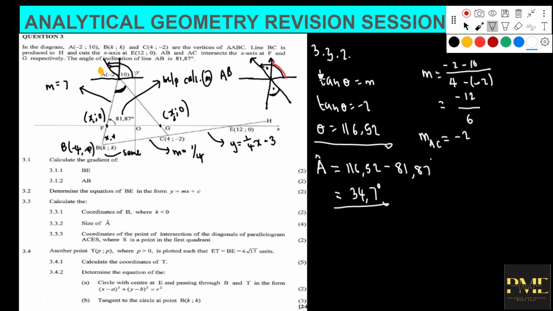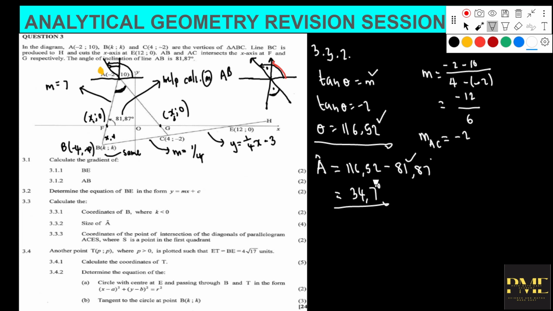To find the angle made by those two lines, I need their gradients. If they are not given, calculate them, then calculate the angles made by those two lines with the horizontal. Once you have them, subtract the smaller angle from the bigger angle, and the difference will be the angle made by those two lines. This example's angle is basically hanging in the air.